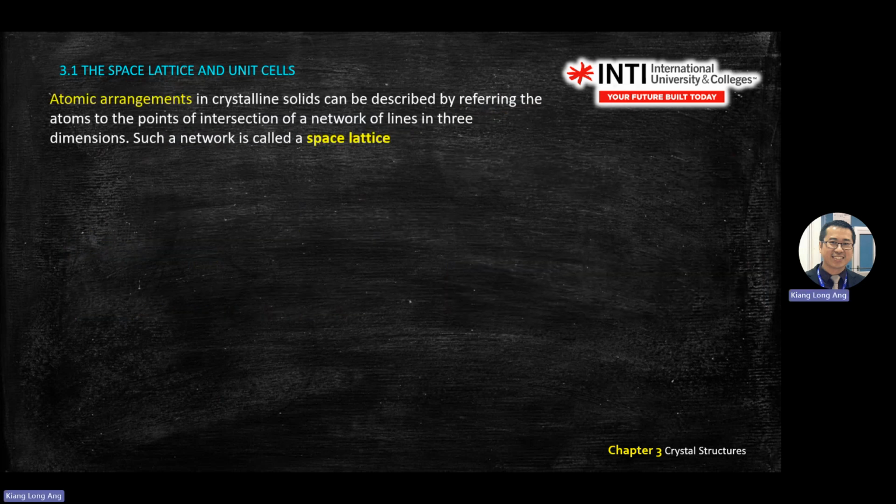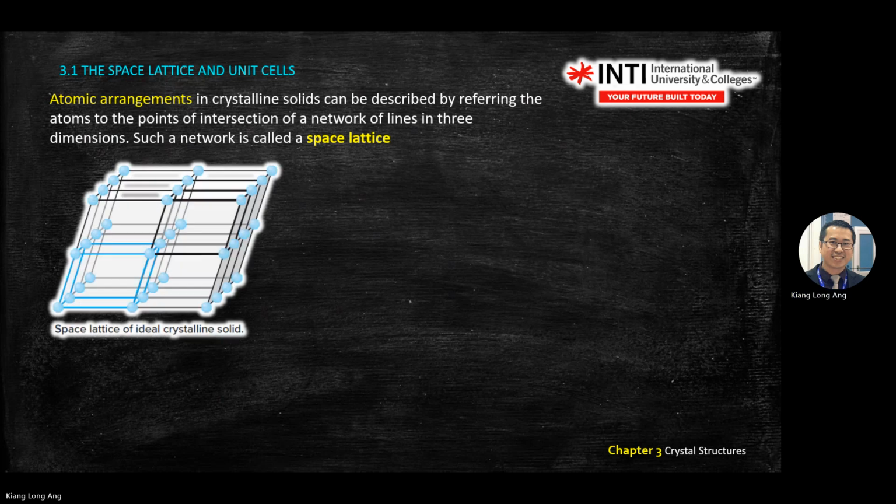First, before we are able to draw the shape, we use a network called a lattice, the space lattice. There's a certain way of atoms arranging themselves, so we need a direction or a map. For example, you define a map using X, Y, and Z directions, but in material science, you define the arrangement by the space lattice, like the one you see on the screen.